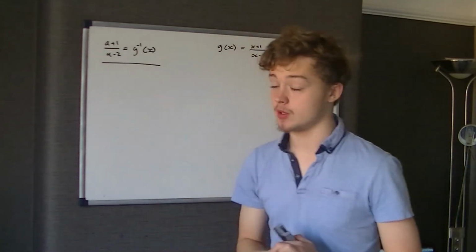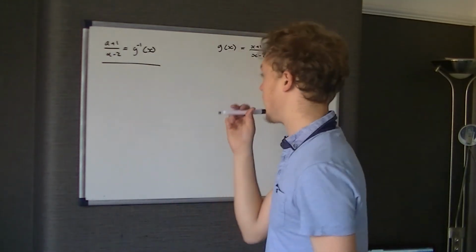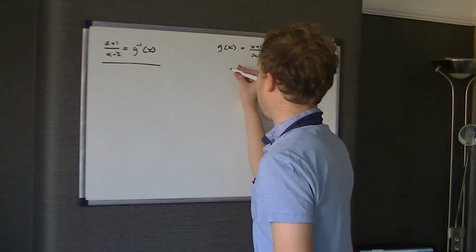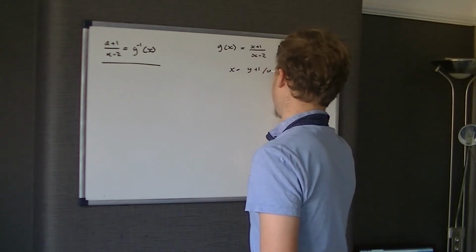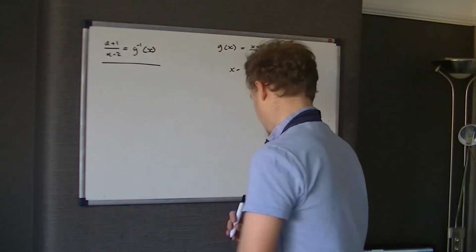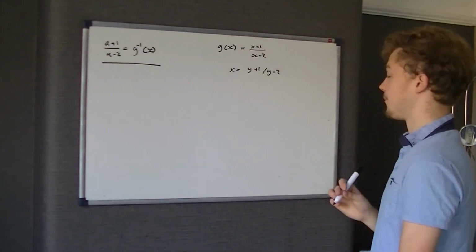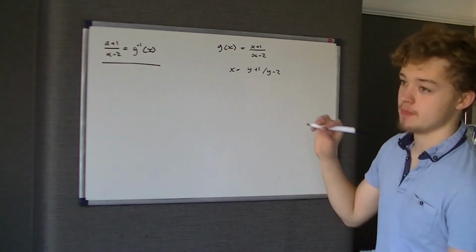Now the way I think of doing an inverse is, y is equal to x plus 1 over x take 2. Switch them around, so therefore it's x equals y plus 1 over y take 2, and then try and get y to be the subject, and then change it back to x.